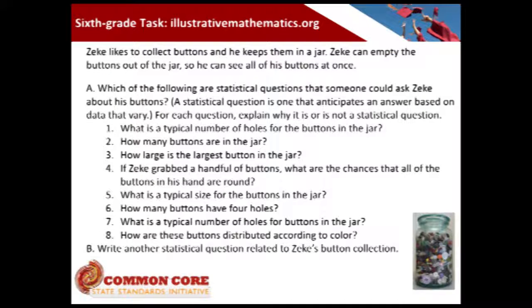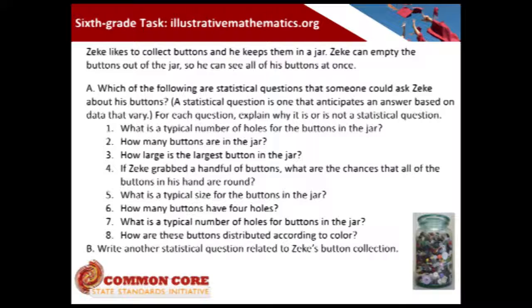So let's look at a 6th grade task or two and see what the standard writers mean when they talk about kids understanding these probability and statistics concepts. This is a task that is tagged to the first standard for 6th grade.